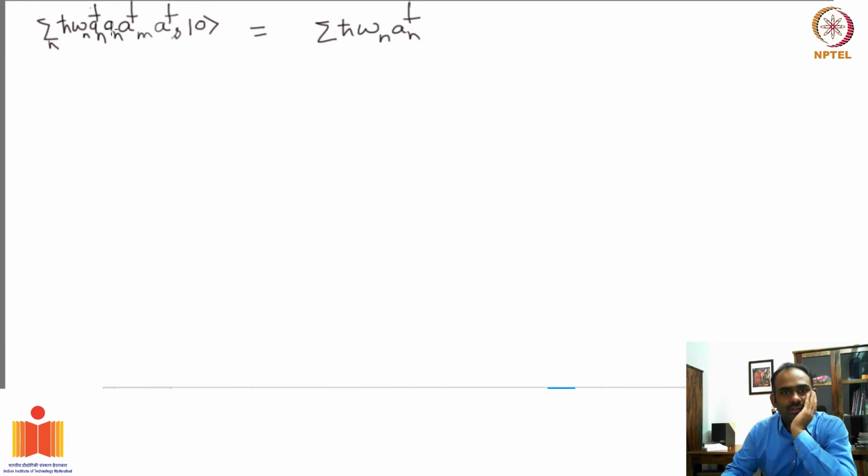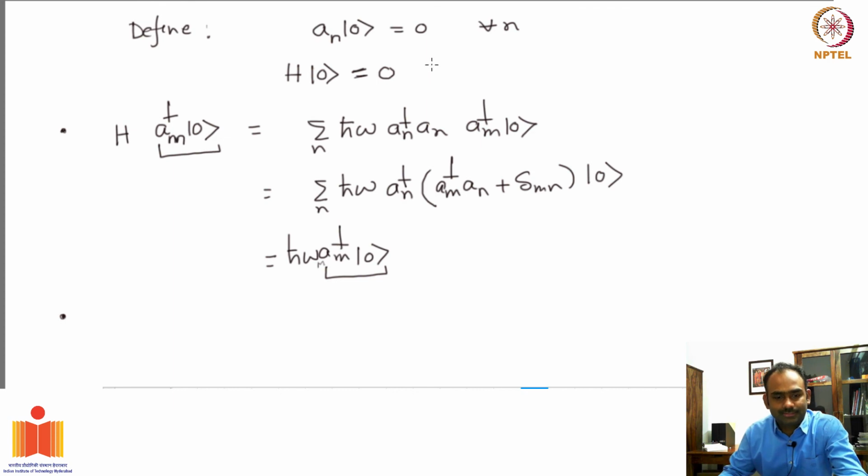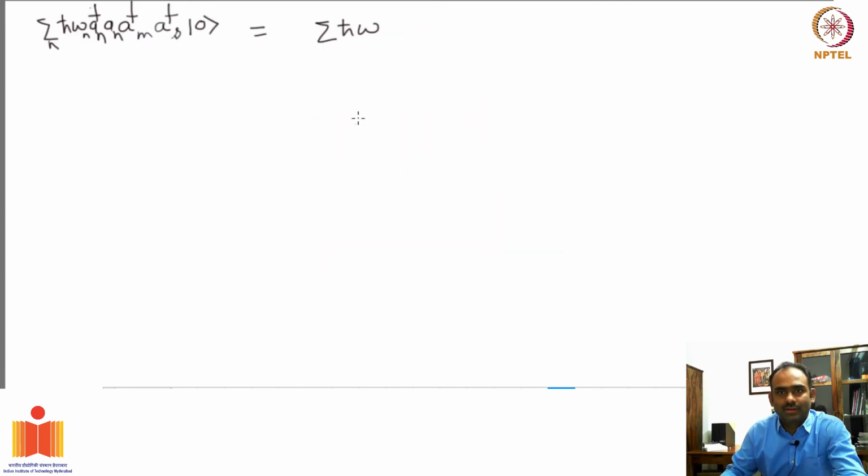Now I want to take it through this string, so I can just give you the answer. This is a simple exercise you can do. You have to just use the commutation relation and you will get the following. You will get that this state is an eigenstate. So you will get a m dagger a s dagger acting on ket 0 again.